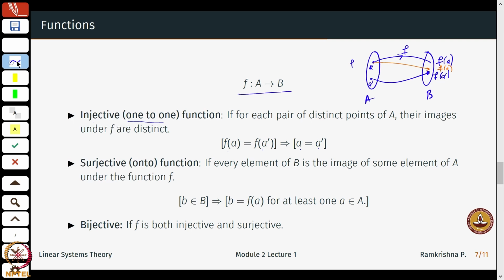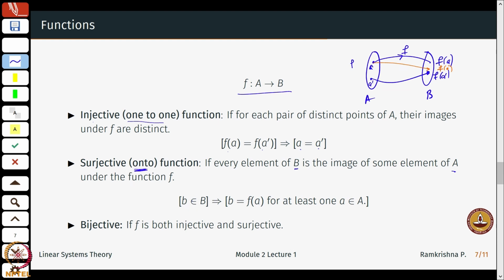Now similarly, let me look at what is called an onto function. We would be familiar with this kind of terminology, 1 to 1 and onto. This means that every element of B is in the image of some element of A under the function f.